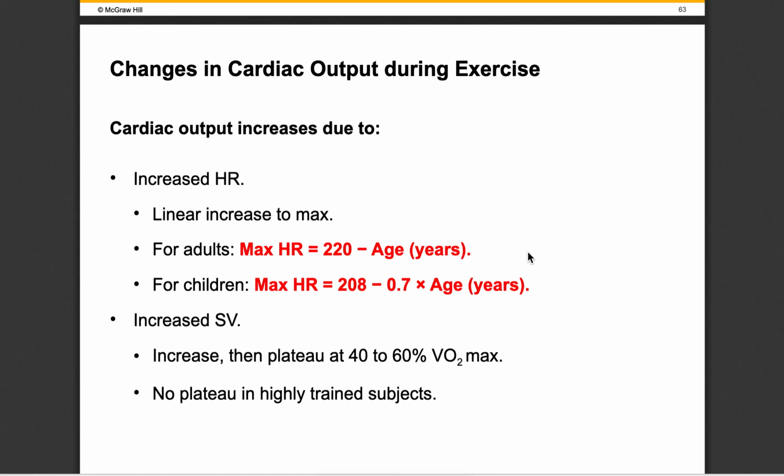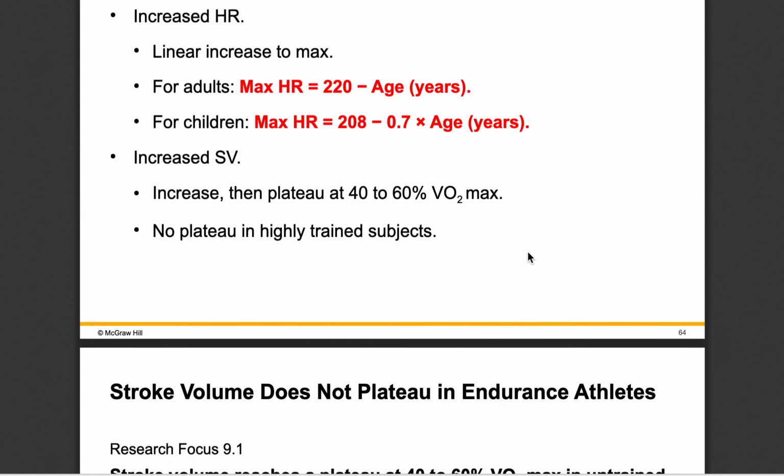It may slowly increase still because of venous return throughout all of exercise, but it definitely doesn't increase at the same rate. It may increase all the way through, but when they hit 60% of their VO2 max, it slows down. So in a lot of our higher intensity exercise, our oxygen delivery is driven by heart rate alone and not by stroke volume.